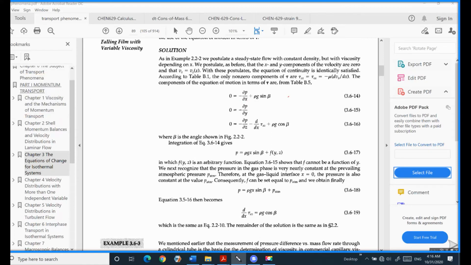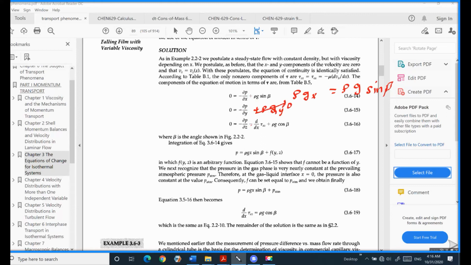This was the rho, and we can write this as rho gravity sine beta, and at the right side here we had rho gy, but this term is going to be 0 because of the angle, so we are left with that one here.